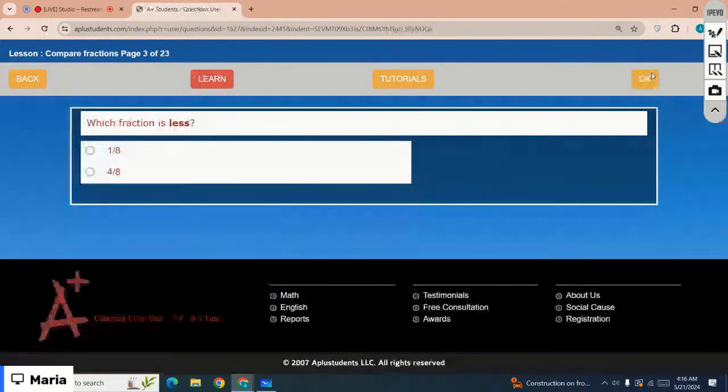Which fraction is less? 1 by 8, 4 by 8. Which is the correct option? 1 by 8 is less than 4 over 8. The correct option is 1 over 8.